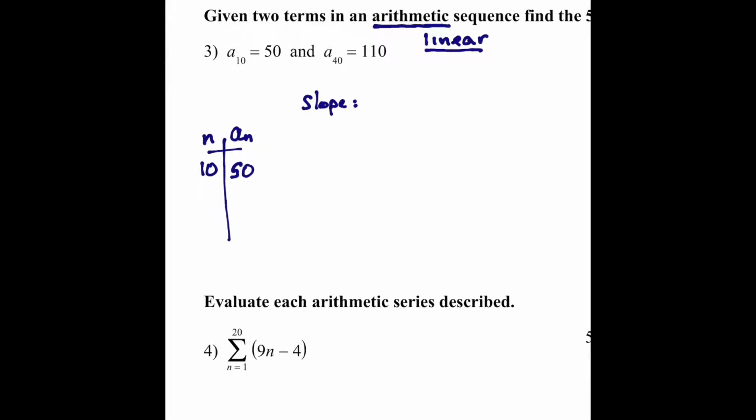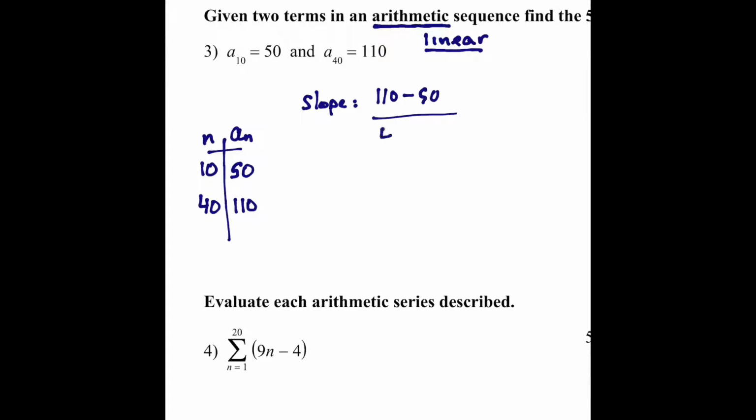And then this next term here, a sub 40, means it's in the 40th spot. And the number that's in that 40th spot is 110. And all we need to find slope are 2 points on a line, and we have 2 points right here, so we just need to do the difference of y divided by the difference in x. So the difference in y would be 110 minus 50.